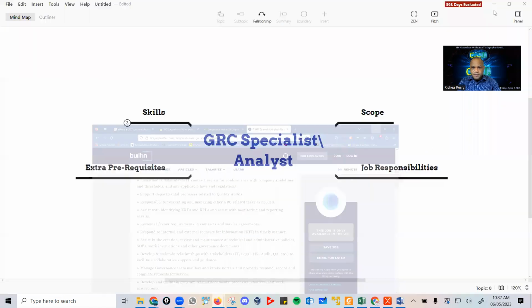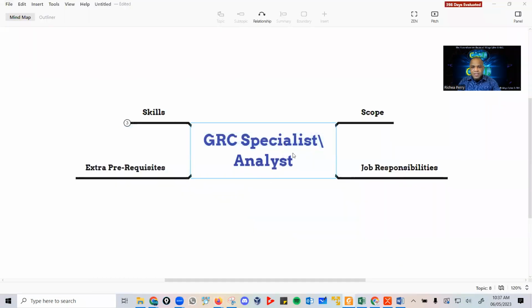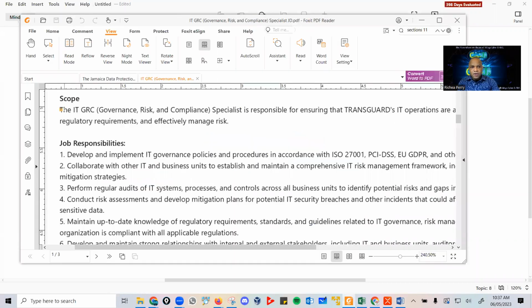And for sure, as we look back at the GRC specialist analyst, let us quickly look at this job description. Here we have our scope, and these are our job responsibilities.